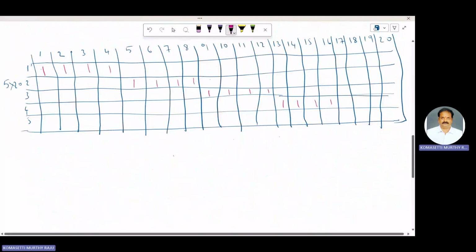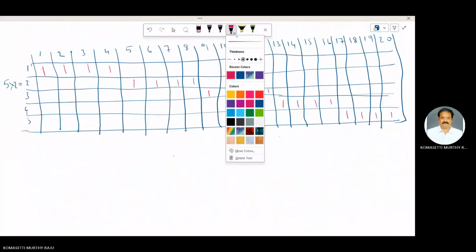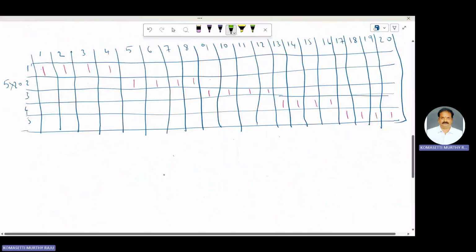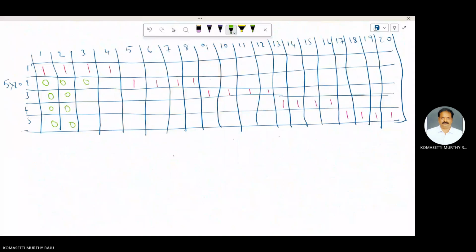For the fifth row, the ones are placed at the columns 17, 18, 19, 20. The remaining all are zeros here.